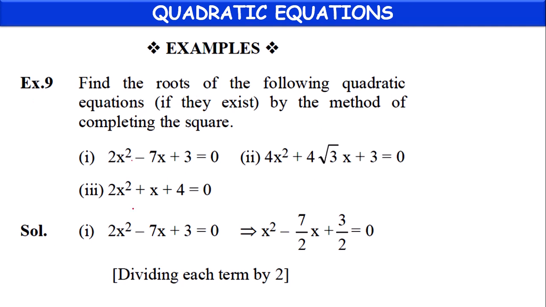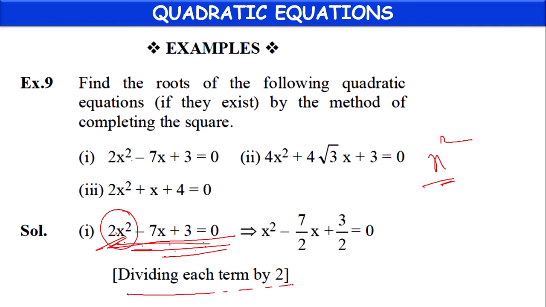Here the first example is 2x square minus 7x plus 3 equal to 0. So here the first term should be in the form of x square, but we have 2 here. So to remove the 2, we will divide all the terms by 2.